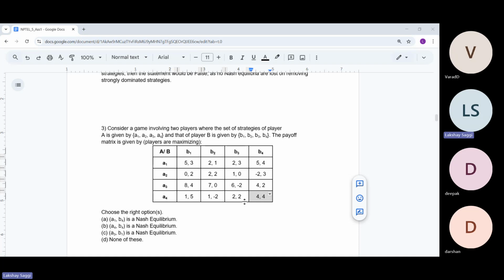Okay, so Darshan is claiming that this will indeed be a Nash equilibria. Would anyone else like to answer also? Is what Darshan is saying correct or not? Is this a Nash equilibria or not?